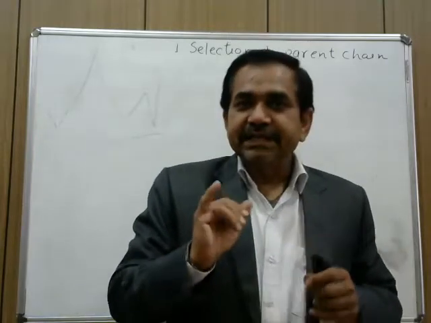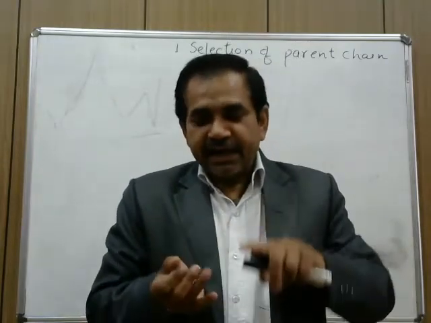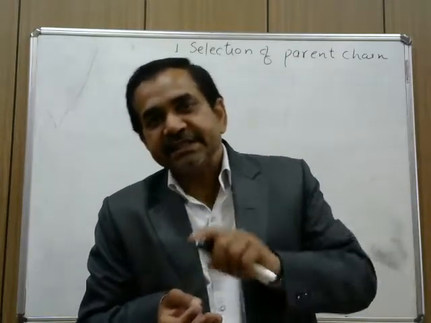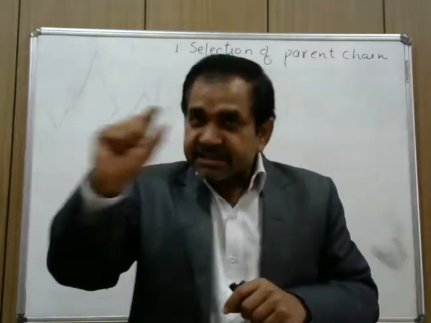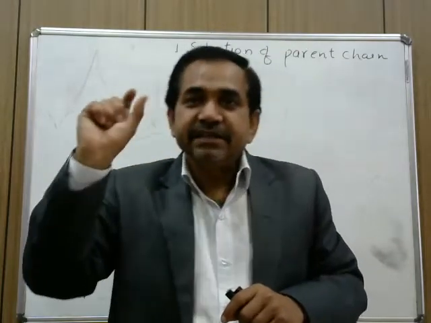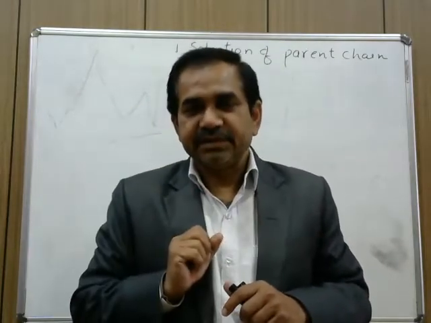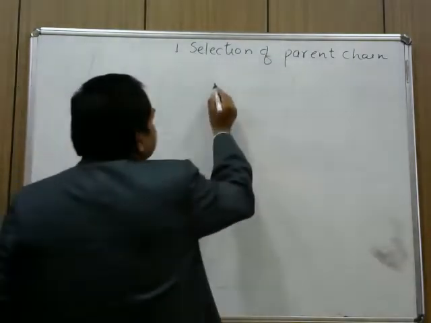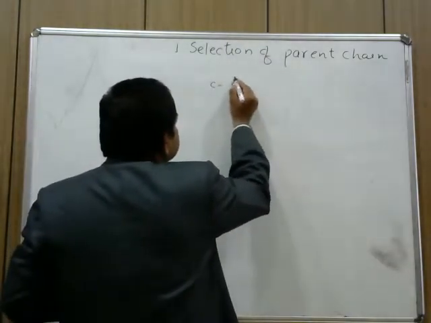First rule is that longest and continuous chain of carbon atoms is selected, whether it is a straight chain or it is a zigzag chain. Say for example, we have a compound like this.